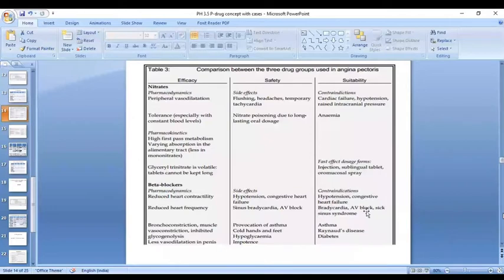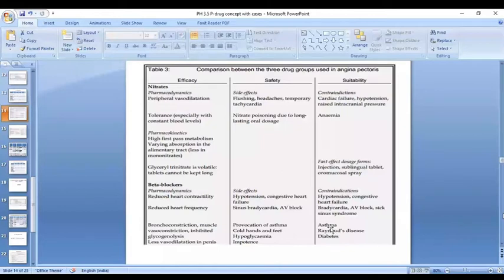Or having any block, maybe bradycardia due to AV block and all. So again, this would not be suitable. There are certain other contraindications with the beta blocker, as we know, asthma and diabetes: it masks the hypoglycemia and it can make your asthma worse. So there are certain contraindications associated with it.